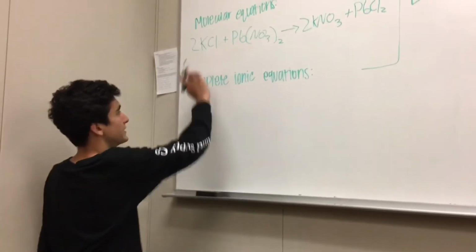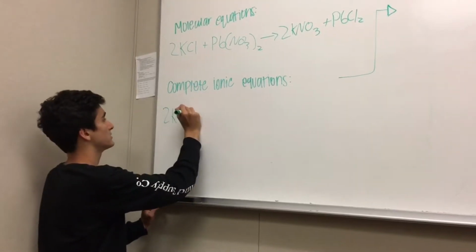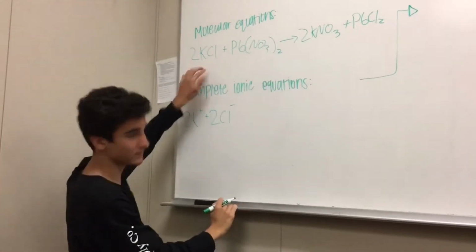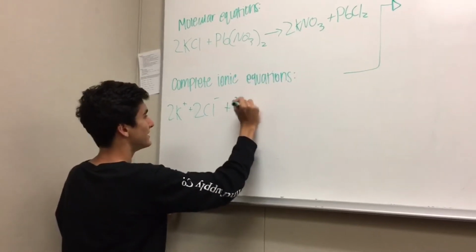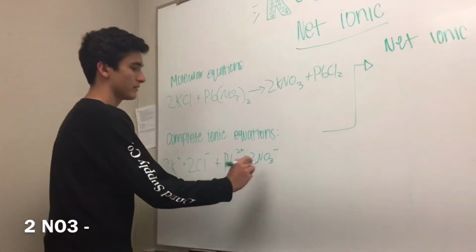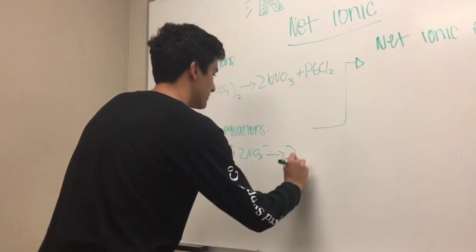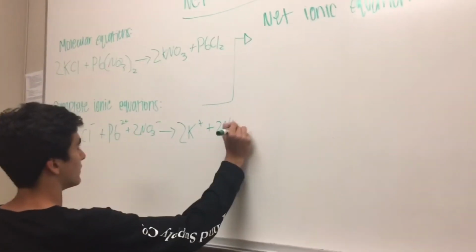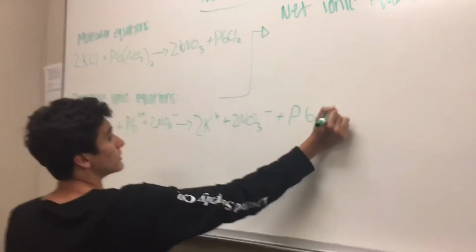To transfer this equation into a complete ionic equation, there would be 2 K pluses, 2 Cl minuses, which is this compound, plus Pb2 plus, and 2 NO3 minus, and then the products would be 2K plus, 2NO3 minus plus PbCl2.